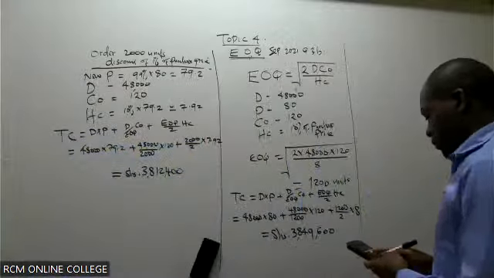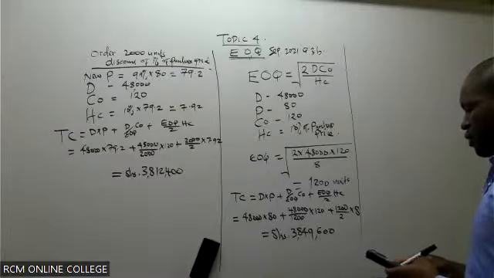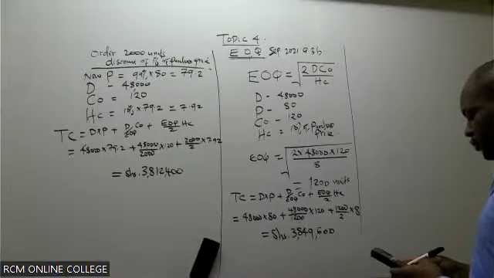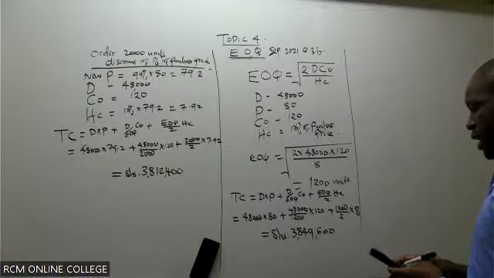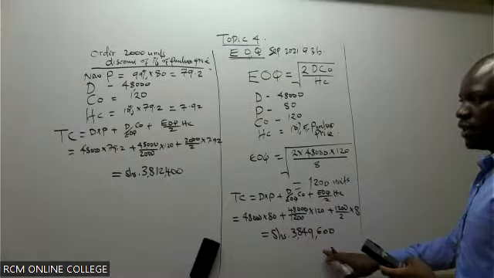This other side, 48,000 divided by 1,200, we multiply by 120. To that, we add 600 by 8. To that, we add 48,000 by 80. 38.49, 600.